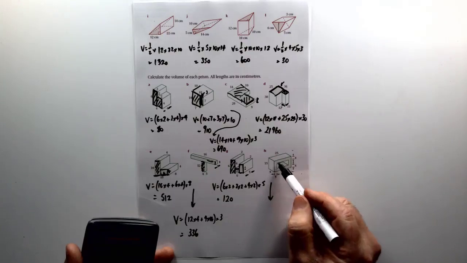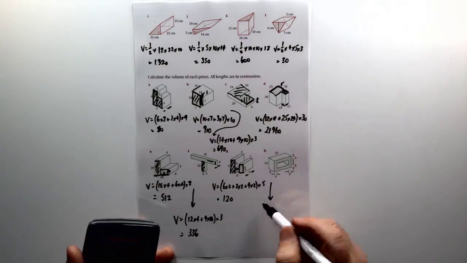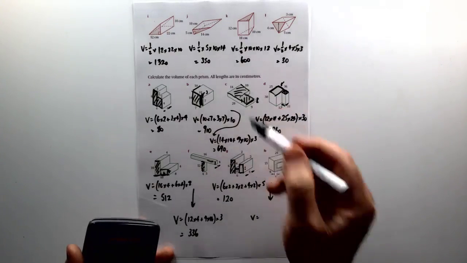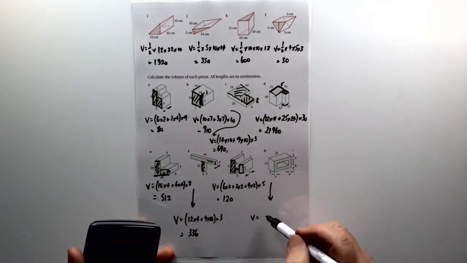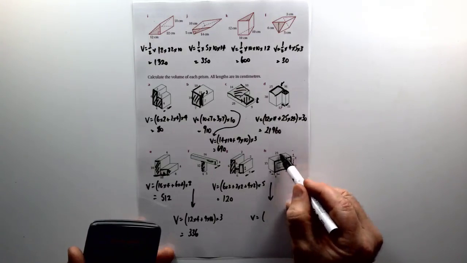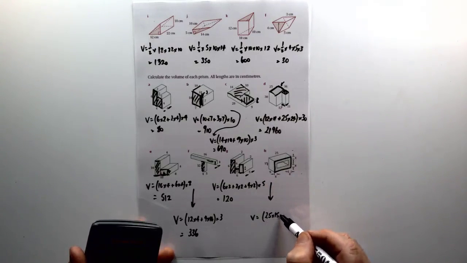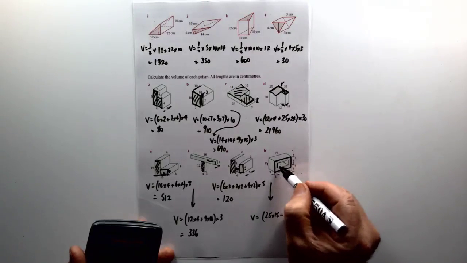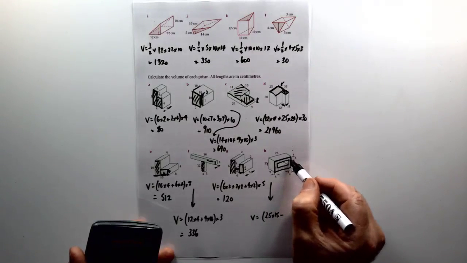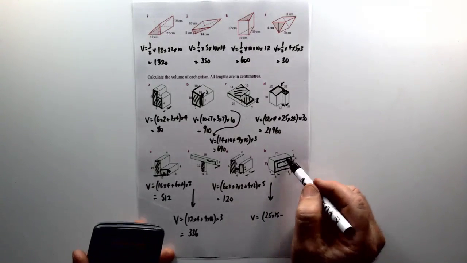Now this cross section here, it's easiest to view it as one big rectangle, take away a little rectangle. And look, that's a method we could have used in some of these other L shapes too. So the big rectangle here is going to be 25 times 15. Then we're going to minus this one here. Now, notice each edge of each of these is 4 units wide, so 4 centimetres wide.